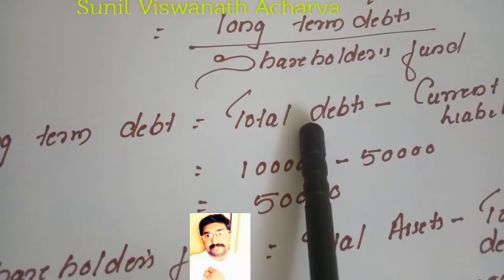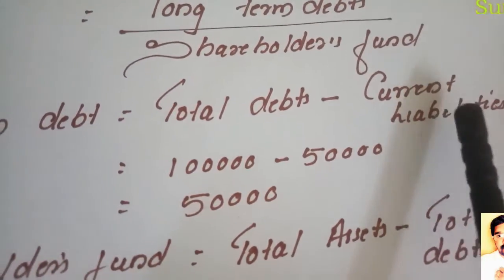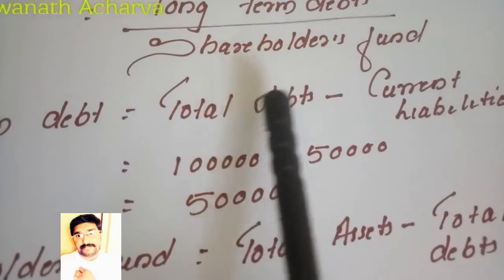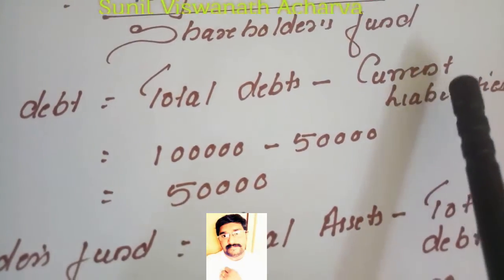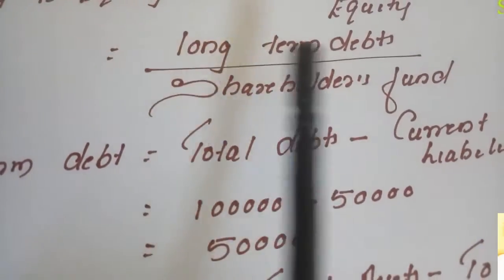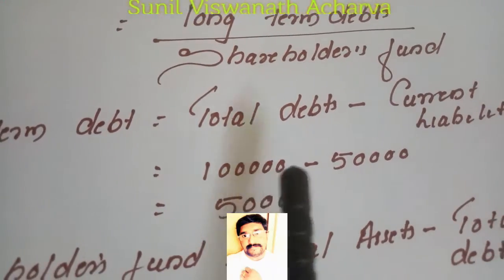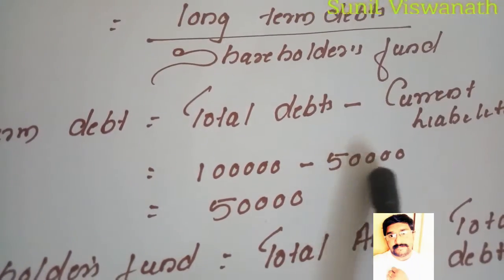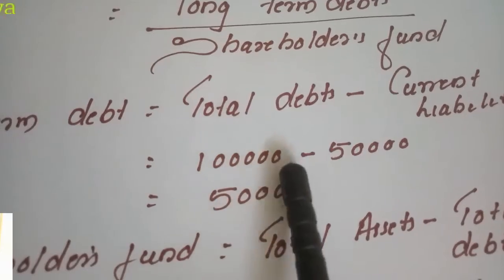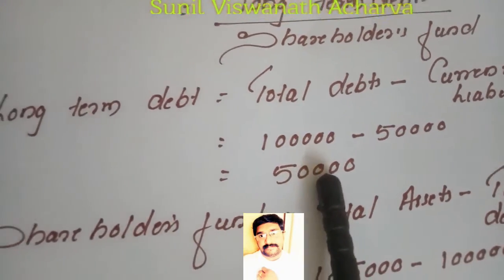So from the total debt, when you minus current liability, that is short term debt, we will get the long term debt. Total debt is 1 lakh, current liability or short term debt is 50,000. So 1 lakh minus 50,000, you will get 50,000 as long term debt.